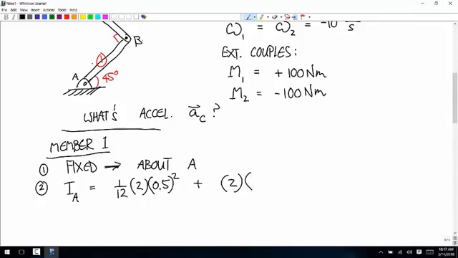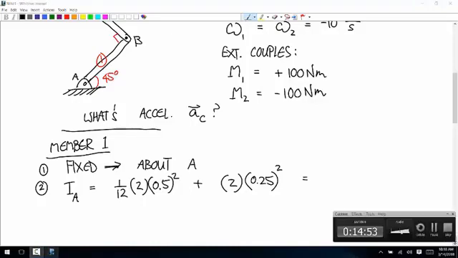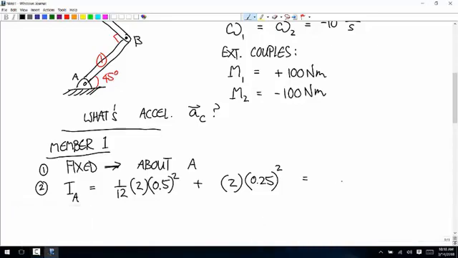So what's the distance from the center of mass to the about point? 0.25. So square that, and can someone tell me what that is? 0.16 repeating.